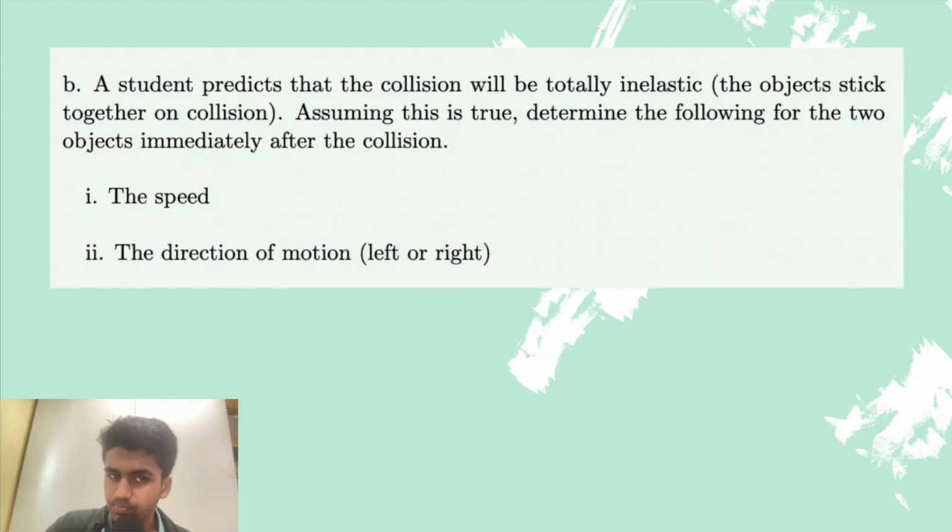Part B. A student predicts that the collision will be totally inelastic, which means that the objects stick together. Now, assuming this is true, determine the following for the two objects immediately after the collision: the speed and the direction of motion. So now, we will first find the speed.